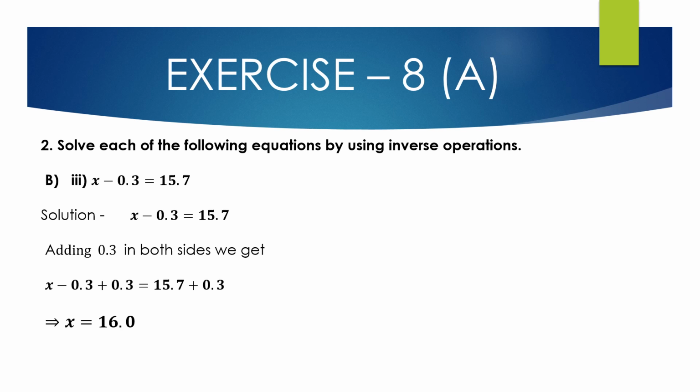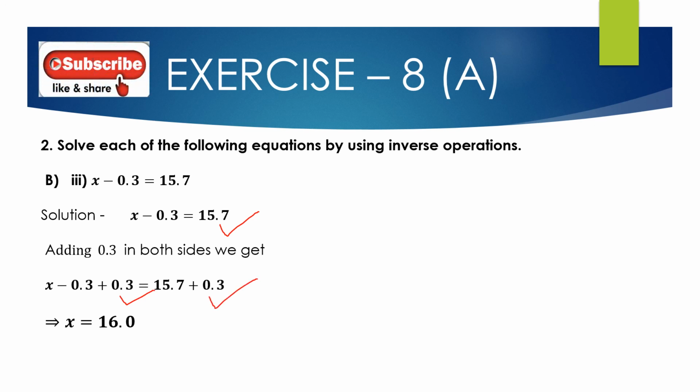Now we solve question number third bit, x minus 0.3 equal to 15.7. We have to solve for the value of the variable x. We add 0.3 on both sides of this equation. We get x minus 0.3 plus 0.3 equal to 15.7 plus 0.3.